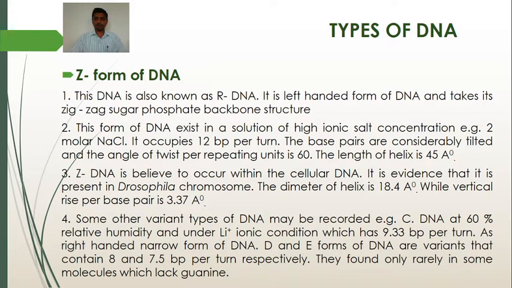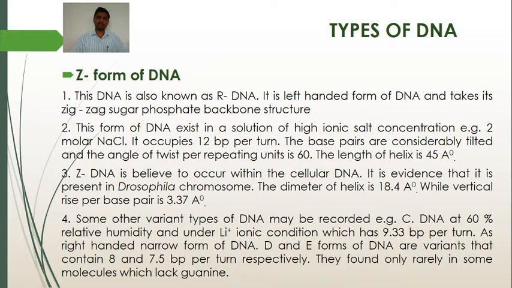So these other forms of the DNA, that is the cDNA, D form and E form of the DNA, are variants which occur under specific conditions. The cDNA is at 60% relative humidity and under lithium ionic condition and has 9.33 base pairs per turn, while D and E forms of the DNA contain 8 and 7.5 base pairs per turn respectively, and are found only rarely in some molecules which lack guanine.